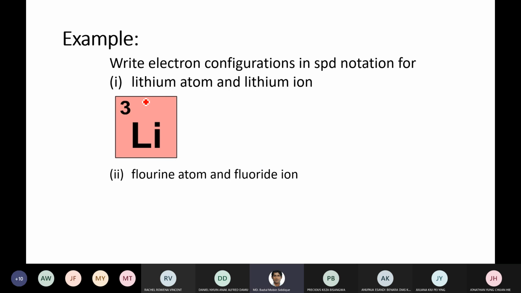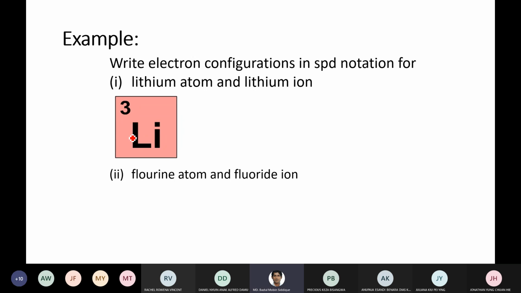Okay, lithium is on the periodic table on the left side, the extreme left column, the first group, just beneath hydrogen. So it is designated as a metal.